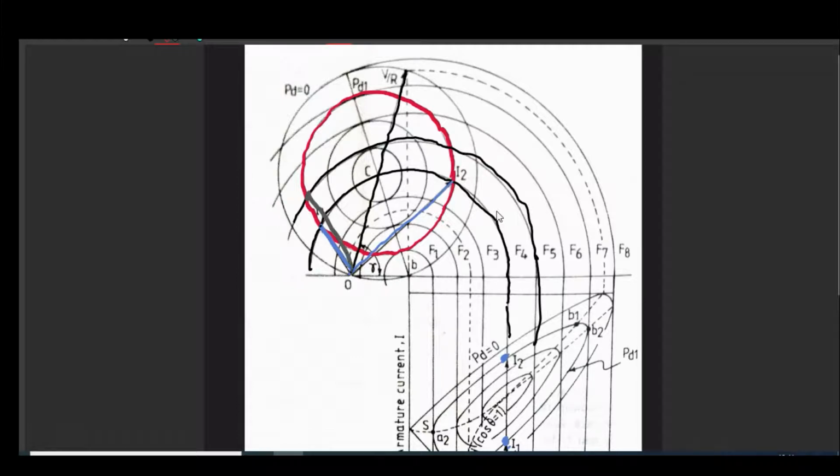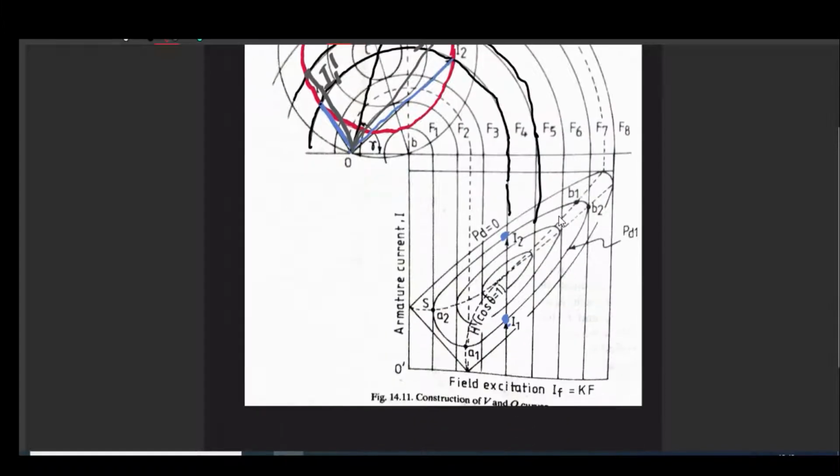Say this is our I1 dash, this is going to be I2 dash, right? So I1 dash and I2 dash, you got it. We can plot here that this is the value of I2 dash, this is the value of I1 dash.